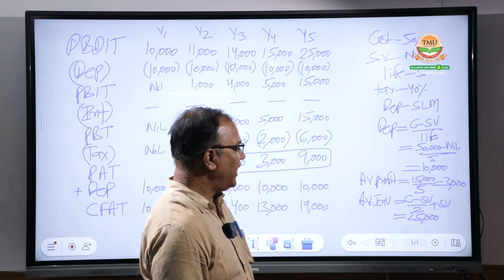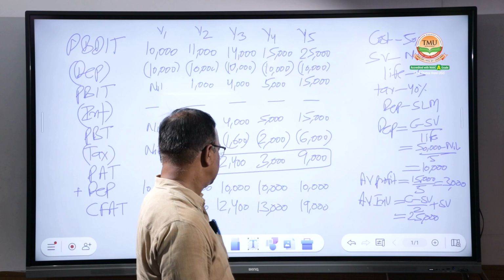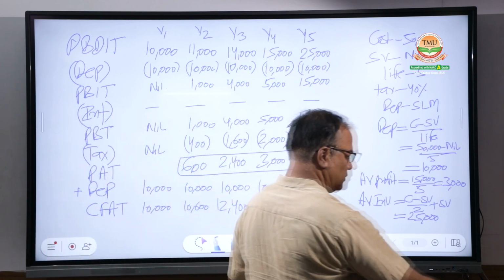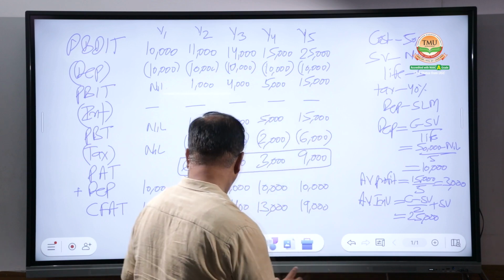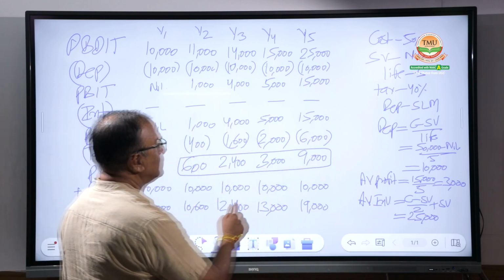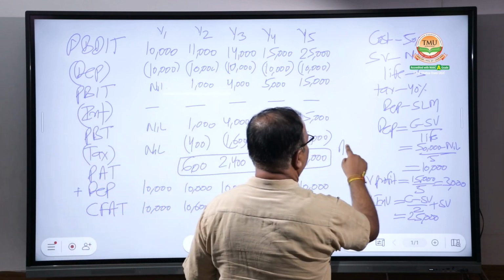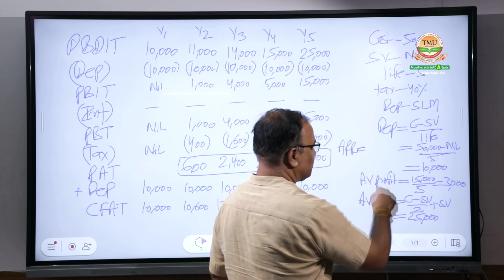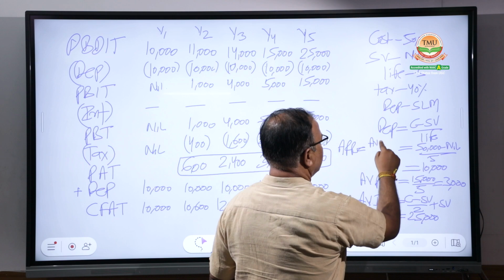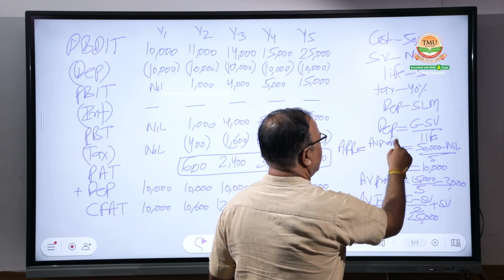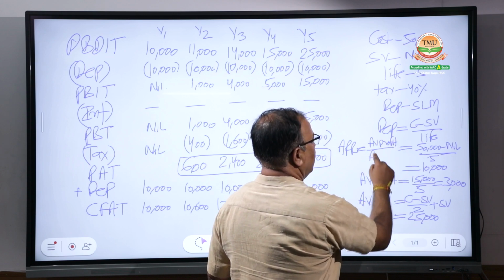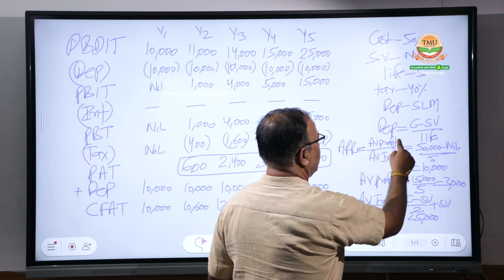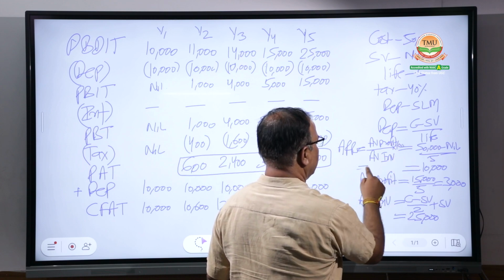Now, ARR is equal to average profit divided by average investment into 100.